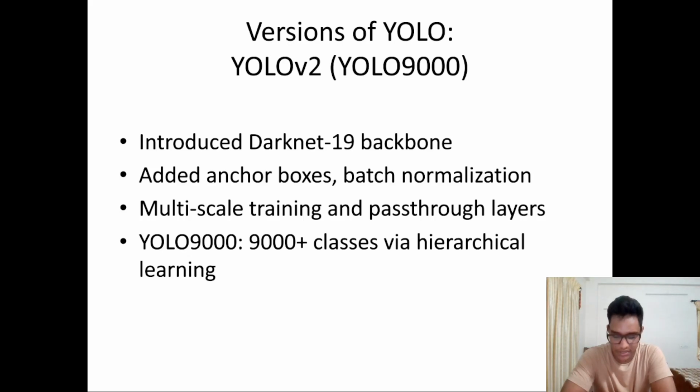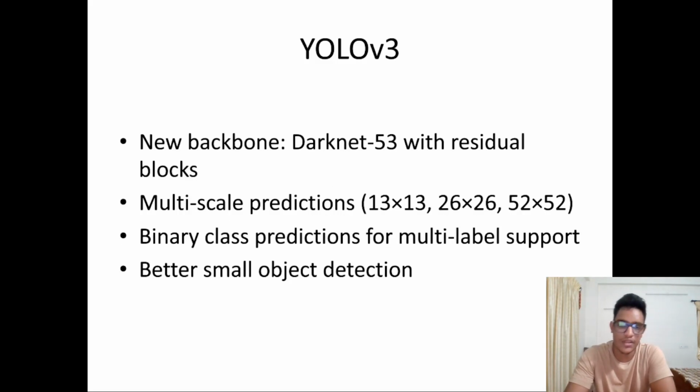Because it is useful for different resolutions, it becomes more robust to different resolutions, and it can train jointly on detection and classification to recognize over 9,000 classes by hierarchical learning.